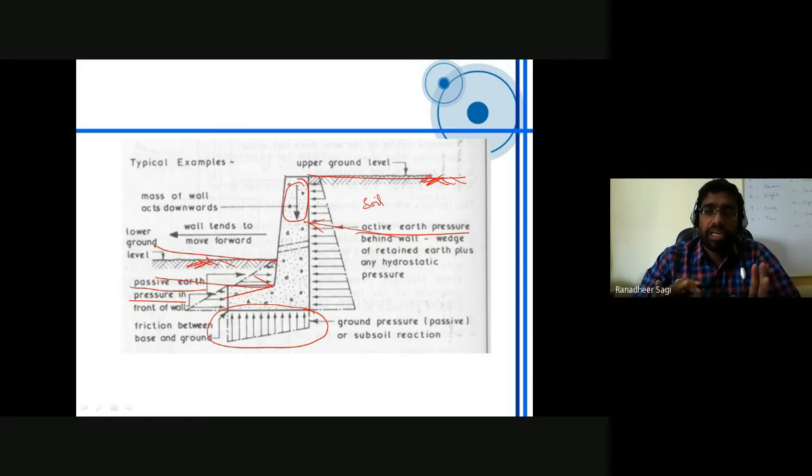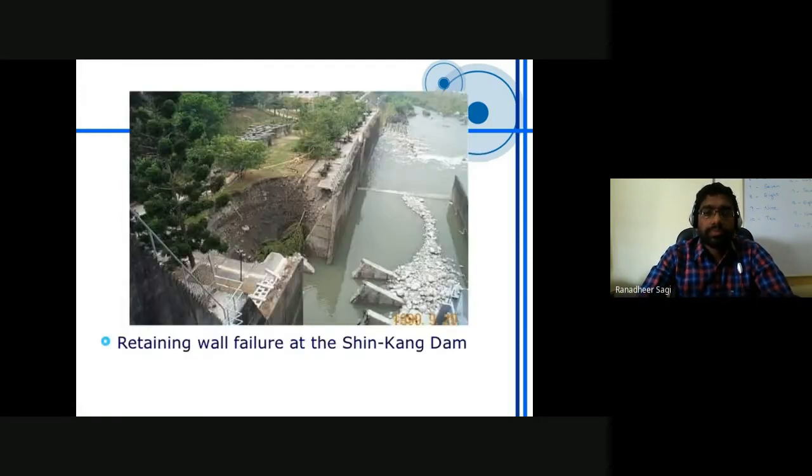I have to take care of all these forces and design my retaining wall carefully, so that all the forces coming onto it are safely carried by the retaining wall and properly distributed onto the soil below the retaining structure.